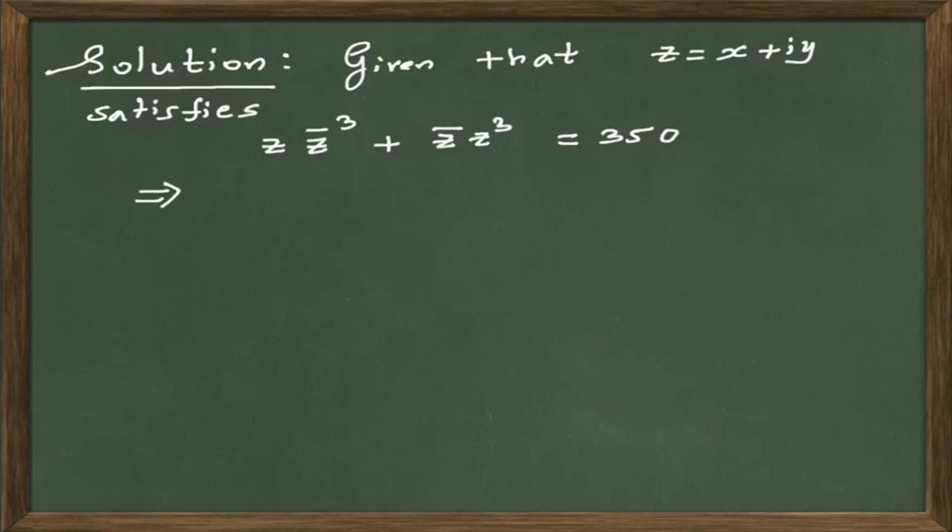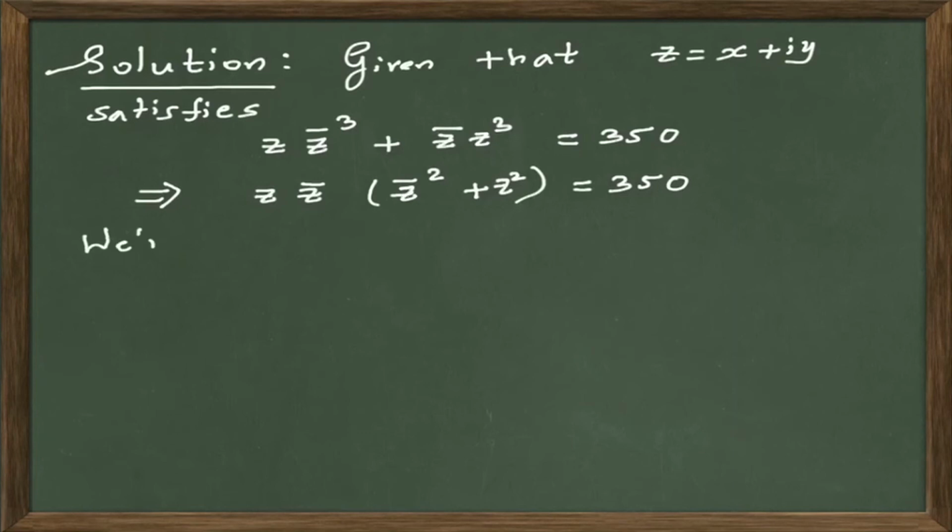This implies that z times z bar times (z bar squared plus z squared) is equal to 350.